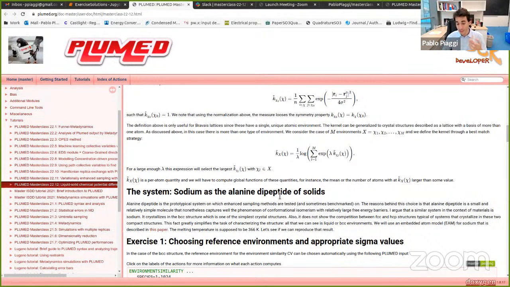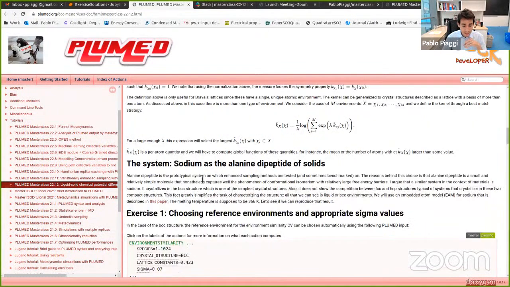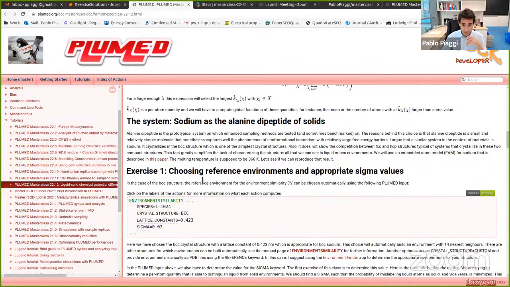I have tried to choose something that is also relatively simple, and I believe sodium is. I have given some of the reasons here in the description. Okay, so I go to exercise number 1. This is how to choose reference environments for the collective variable and choosing appropriate sigma values in a rational and systematic fashion.